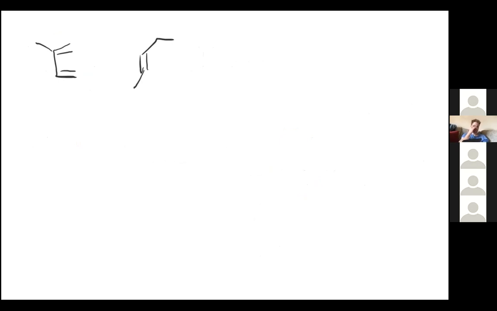And generally speaking, if you draw a line here and you draw a line here, and they're both asymmetric, you're going to end up getting two products.